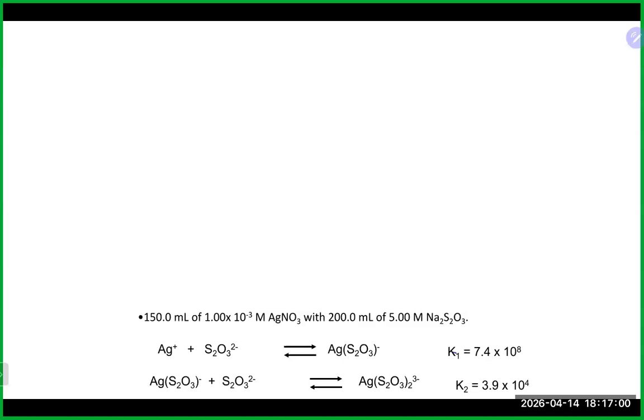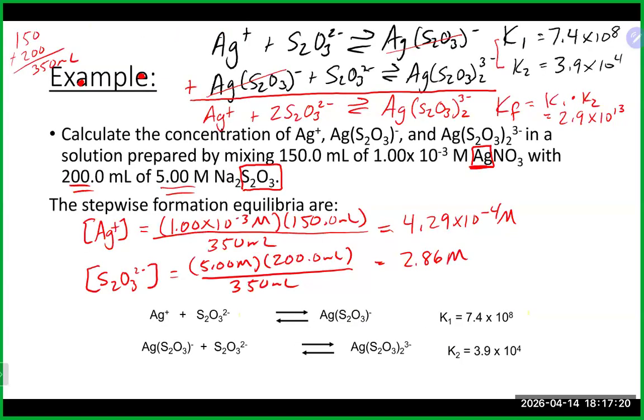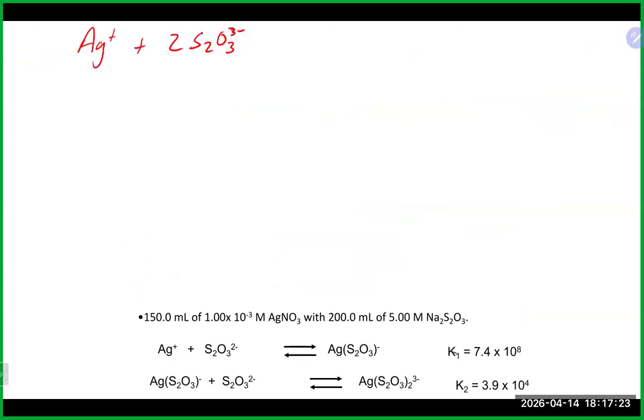We take our overall reaction, which was our silver plus 2 of our ligands, S2O3 2 minus, going to our complex, silver S2O3 2, 3 minus.